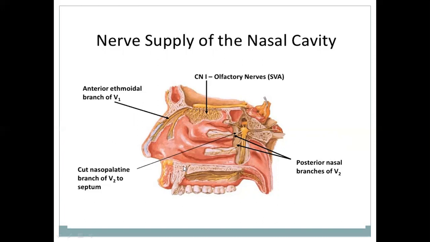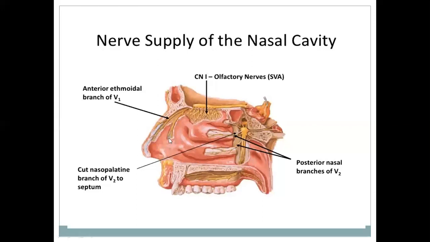The other area of the nose has a respiratory mucous membrane, pseudostratified ciliated columnar epithelium, while the olfactory mucous membrane is only present above the superior concha in the roof of the nose.